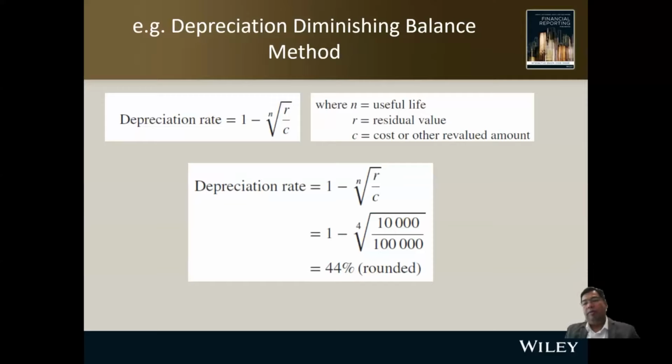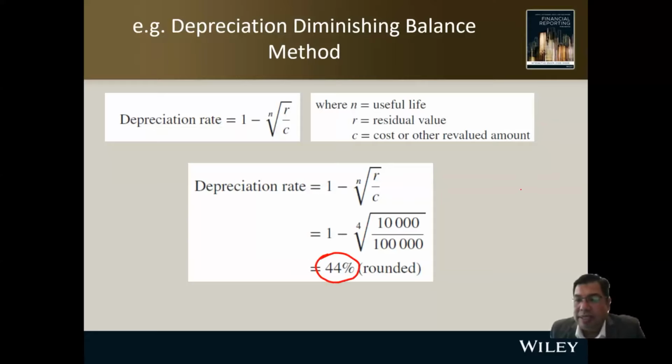Okay, for the diminishing balance method, if you are not given the rate, this is the formula: 1 minus the nth root of R over C, where n is the useful life, R is the residual value, and C is the cost or other revalued asset. So it will be 1 minus this formula, and then you get 44%.